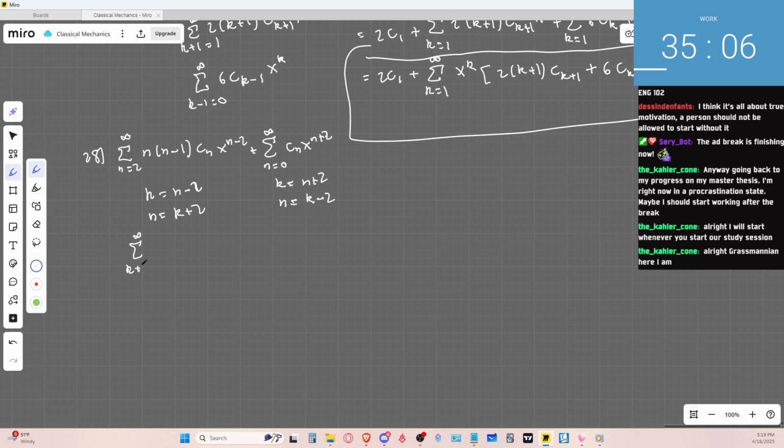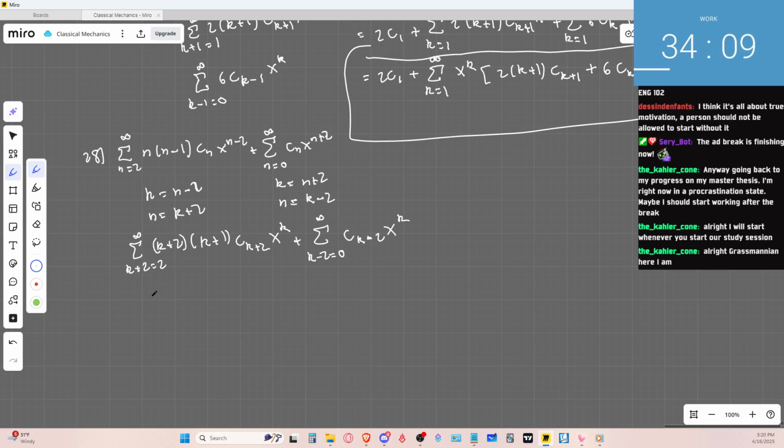So in this case, k plus 2, k plus 1, c k plus 2, and then x equals k, then plus sigma k minus 2 equals 0, k minus 2, and then xk.